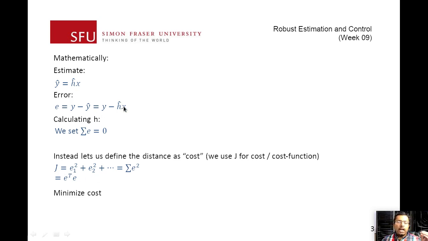For instance, if I had a curve f of x equal to x squared, then if I take the derivative and set it to zero, I can find the minimum. We do a similar thing here, just that instead of taking the derivative with respect to x, since x and y are going to be constant, we take the derivative with respect to the tuning parameter, which in this case is h hat. So I'm going to take the derivative and set it equal to 0.